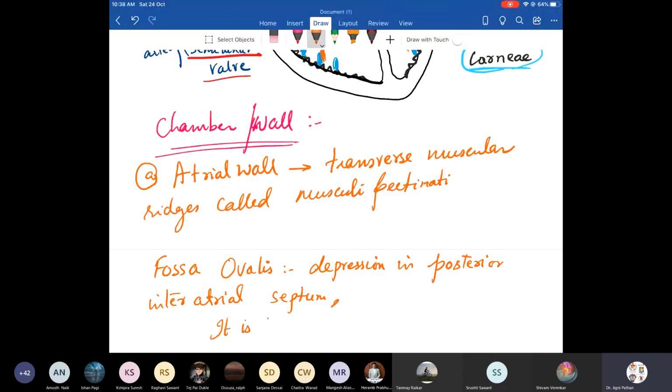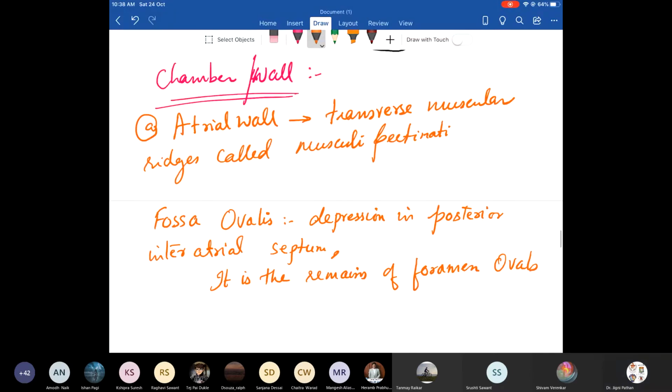It is the remains of the foramen ovale of the embryonic heart, present between the right auricle and left auricle.